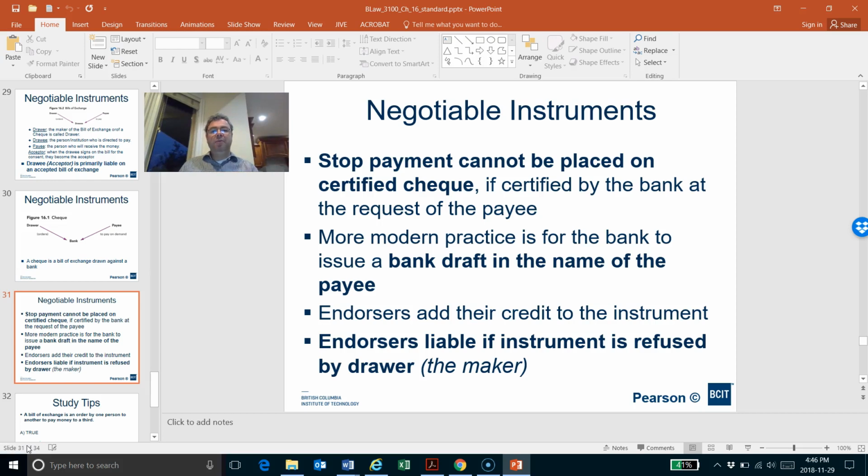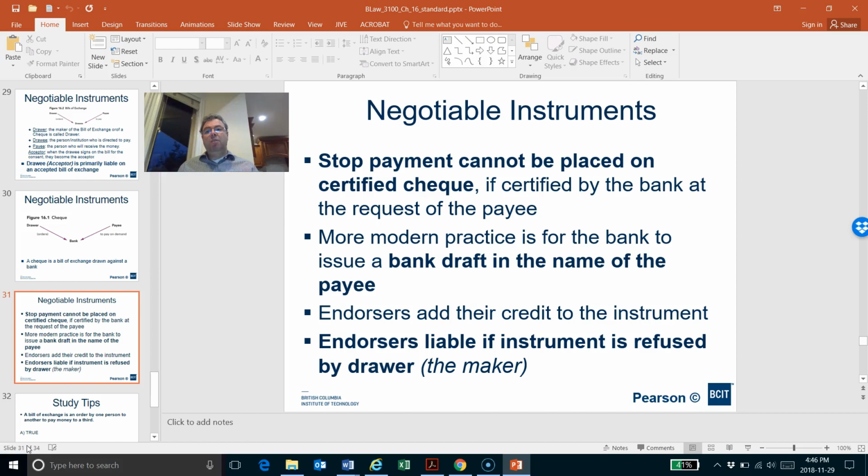So I get a bank draft. It means the bank withdraws the money from my account and issues this bank draft. So when the payee gets the bank draft, they are assured that payment will take place. So it's guaranteed payment because the money was already withdrawn from my account.